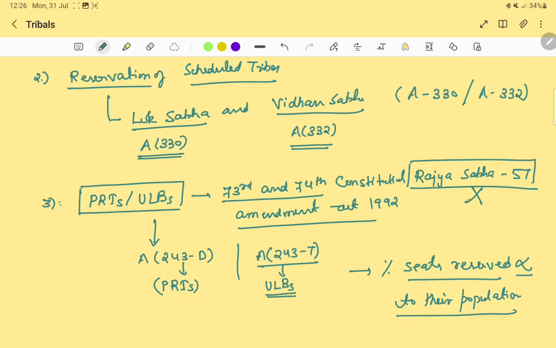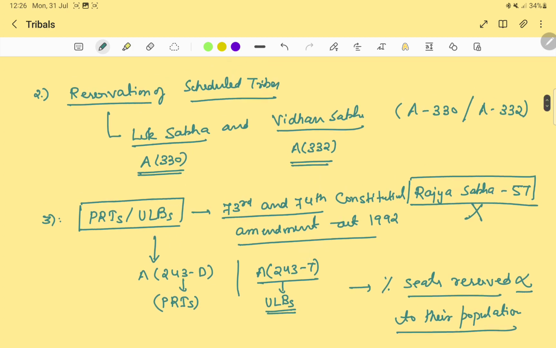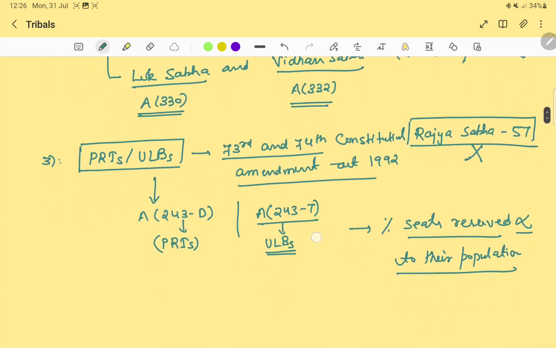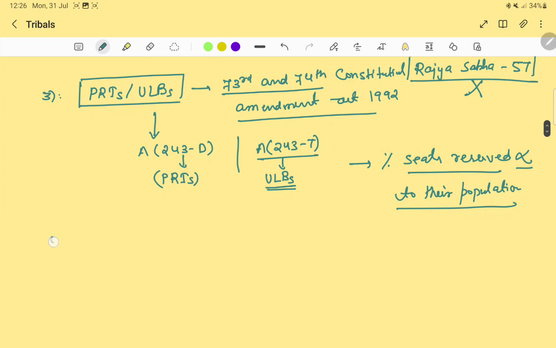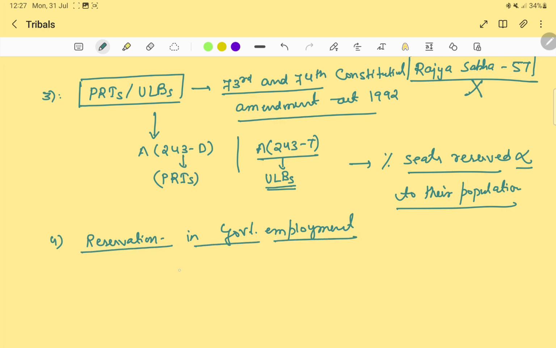So this is regarding the reservation in the Lok Sabha, Rajya Sabha, and the Panchayati Raj institutions. Then we can also go to reservation in government employment. Reservation in government employment, that is public employment, is given under Article 16.